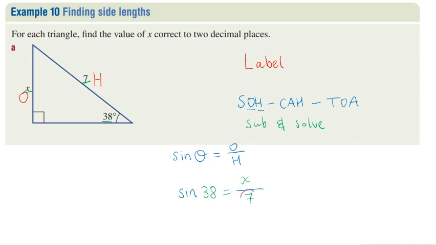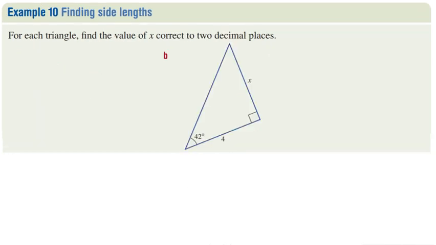So to solve, I need to multiply this 7 to the other side. So I'll have 7 times sine 38. That will give me x. So if I put that into my calculator, 7 times sine 38, I'll get 4.31 equals x.